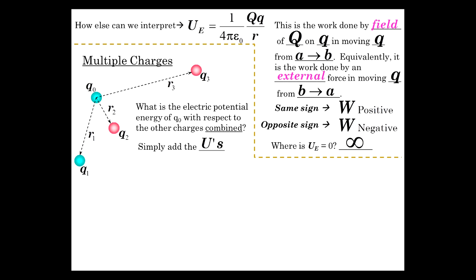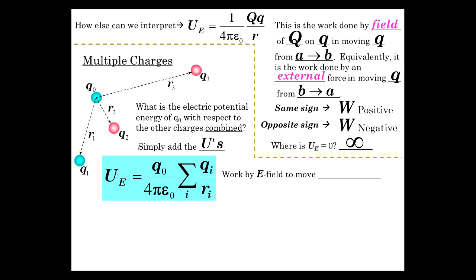That seems very reasonable. So we take the potential energy between these two, calculate it, calculate this one, calculate that one. We can write that as the sum of each one of those, where KQ0 factors out. And the uniqueness comes in, well, the other Q over its radius plus the other Q over its radius, etc. And so that is the formula for the potential energy of a point charge with respect to multiple other point charges.